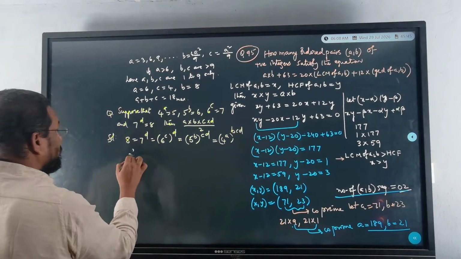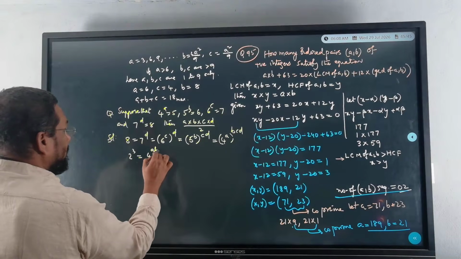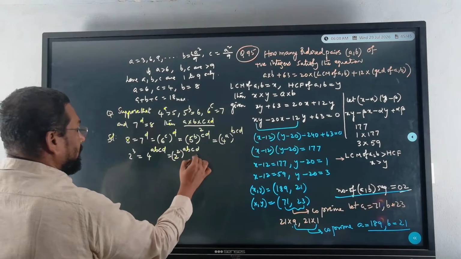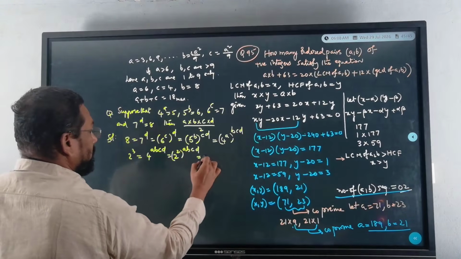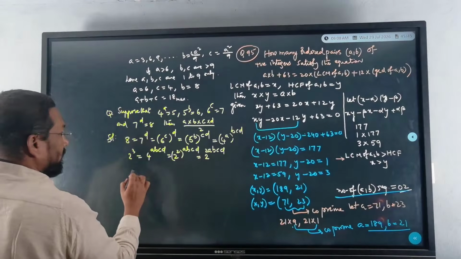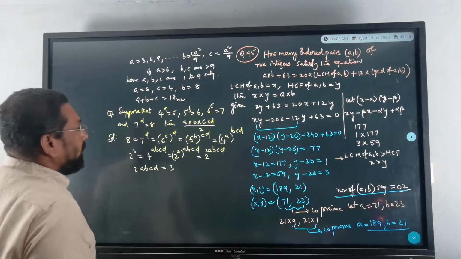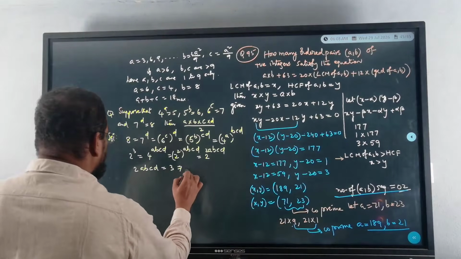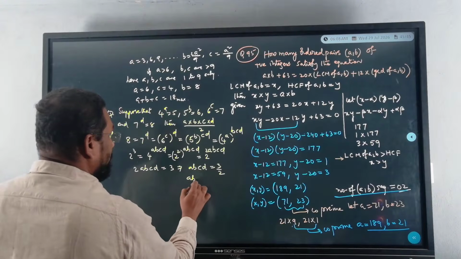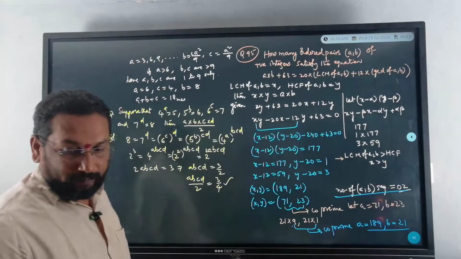So 2 power 3 is equal to 4 power ABCD, that is 2 power 2 whole power ABCD, that is 2 power 2ABCD. It is 2 power 3. So 2ABCD is equal to 3, but we have to find ABCD by 2. So ABCD is equal to 3 by 2. ABCD by 2 is equal to 3 by 4 is required. Write down.